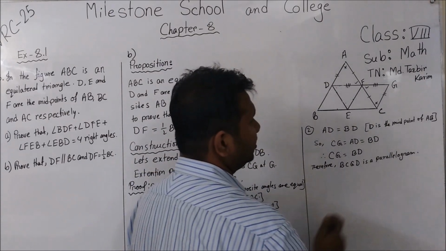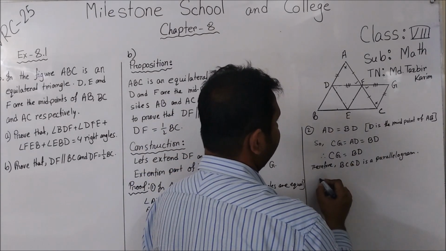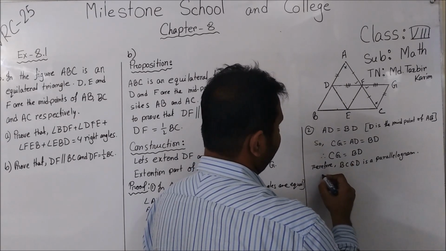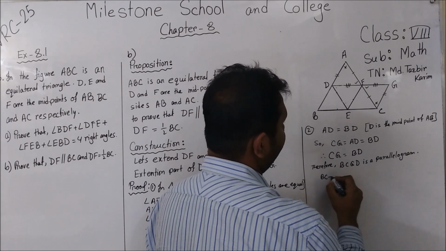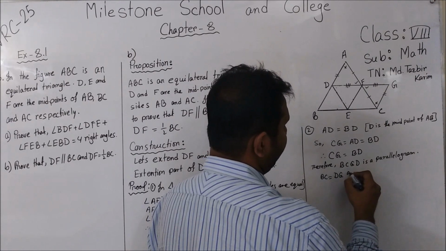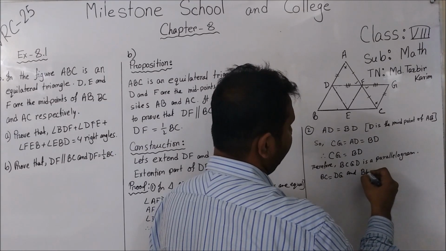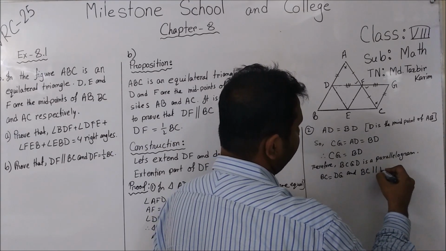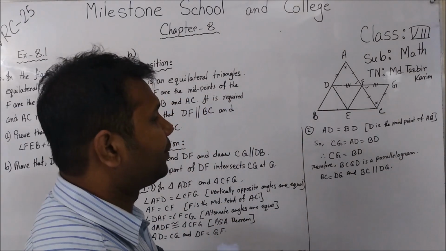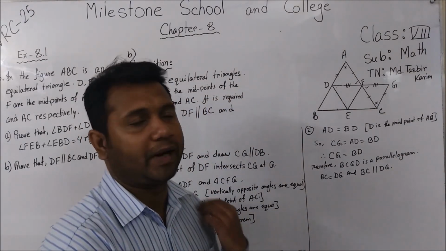So after that, we can say what? We can say from this that BC equal to DG and BC parallel to DG, right? As this is a parallelogram, opposite sides are equal and parallel. We know that.